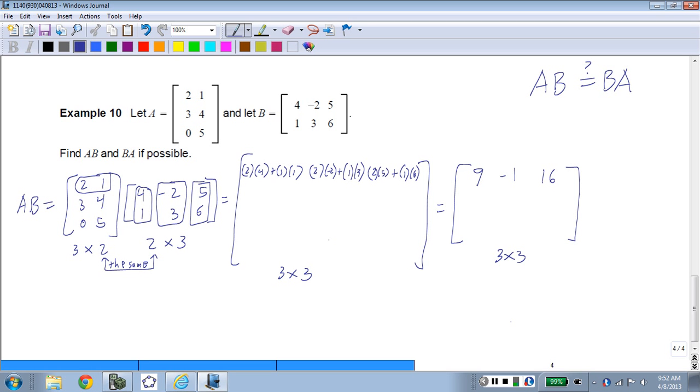What are we going to do next? I suppose a couple different things we could do next. But what I'd like to do is take the entries in row 2 and one by one multiply those by the columns in the matrix on the right, and that'll give us the entries in row 2 of the product matrix.